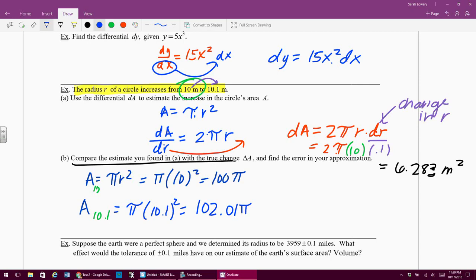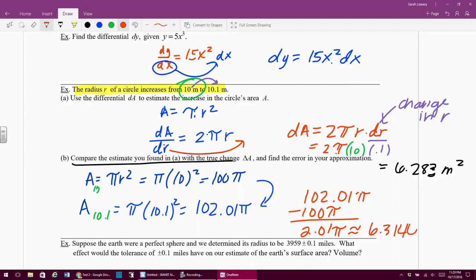So what is the difference? How much did this change by? So to find how much it changed by, I can say 102.01 pi minus 100 pi, and I'm going to get an exact decimal. You should get 2.01 times pi, which is approximately 6.3146 meters squared.